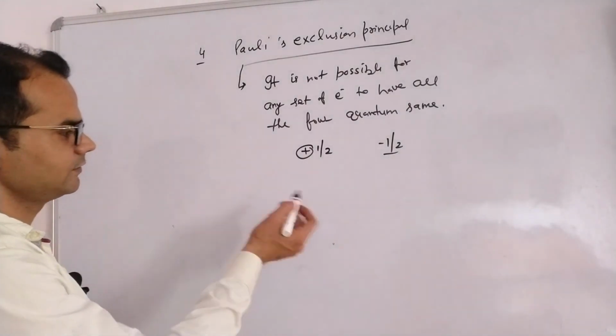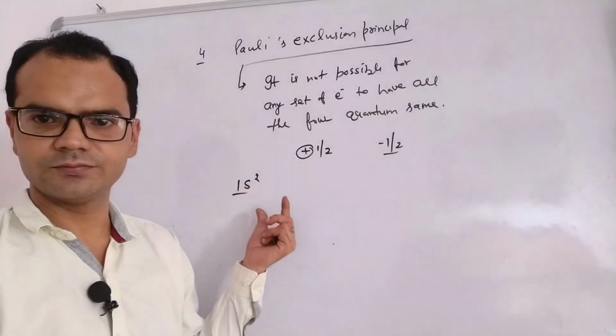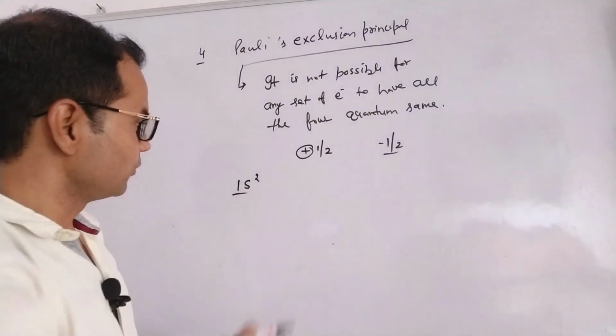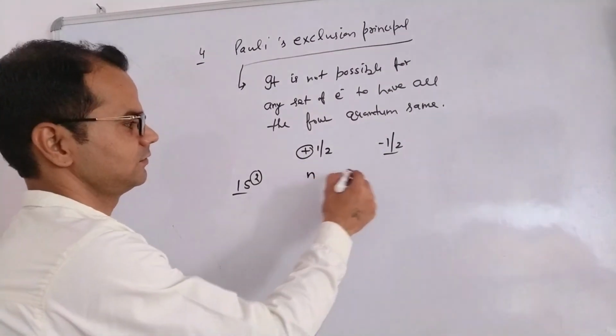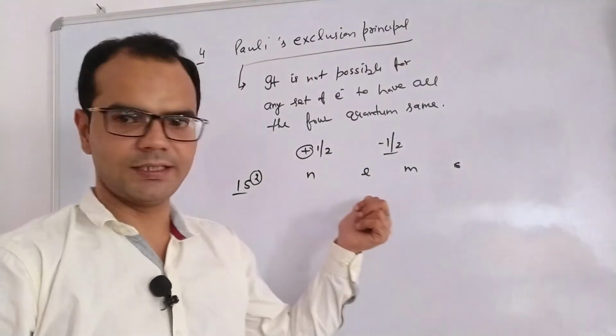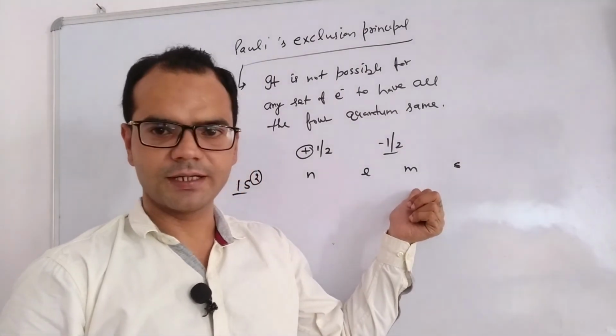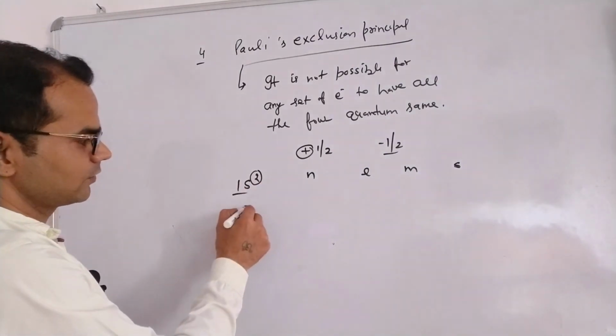For example, we have the electronic configuration 1s2. So 1s2 contains 2 electrons, with values of n, l, m and s: principal, azimuthal, magnetic and spin quantum numbers.